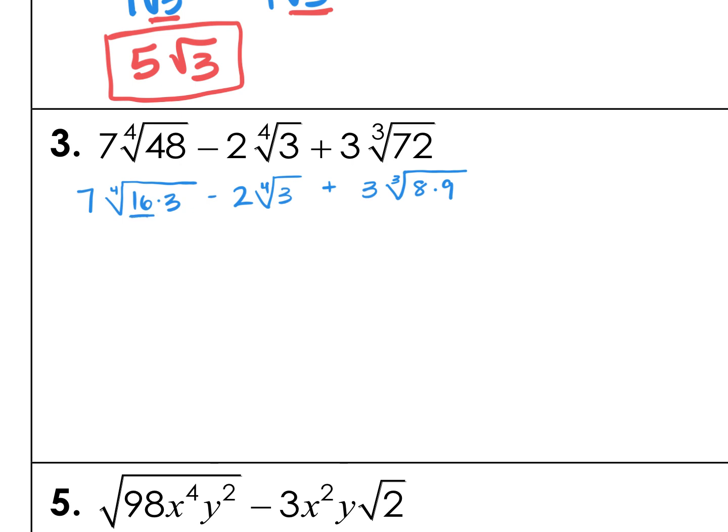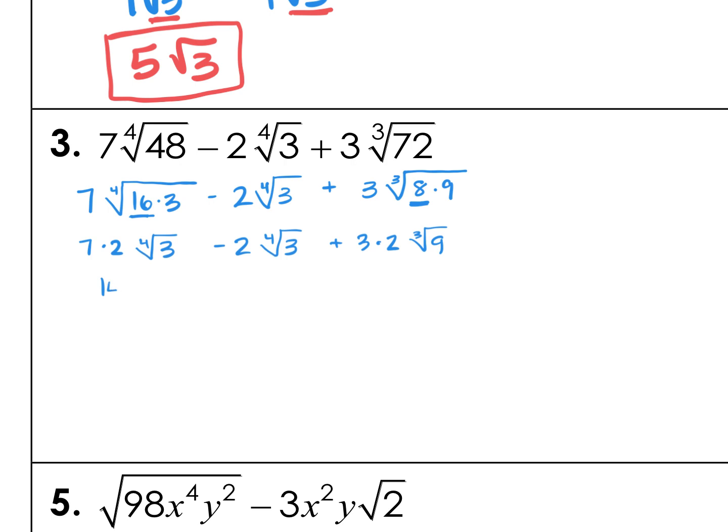I'm looking for the fourth root of 16. That's 2. The fourth root of 3 doesn't simplify. And then the cube root of 8 is 2, so this is 3 times 2, cube root of 9.